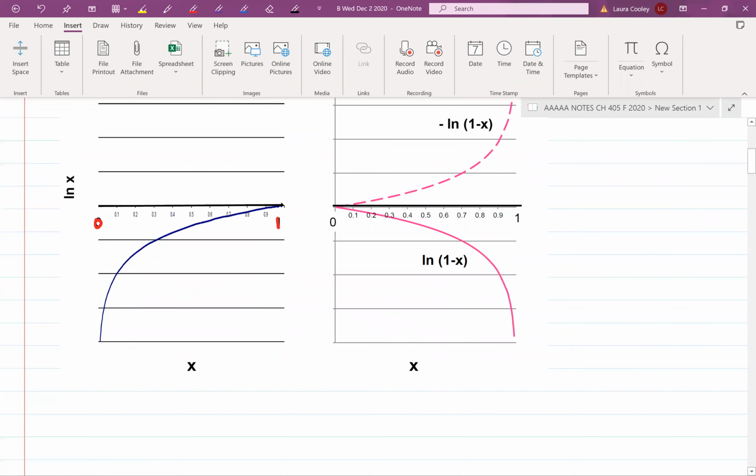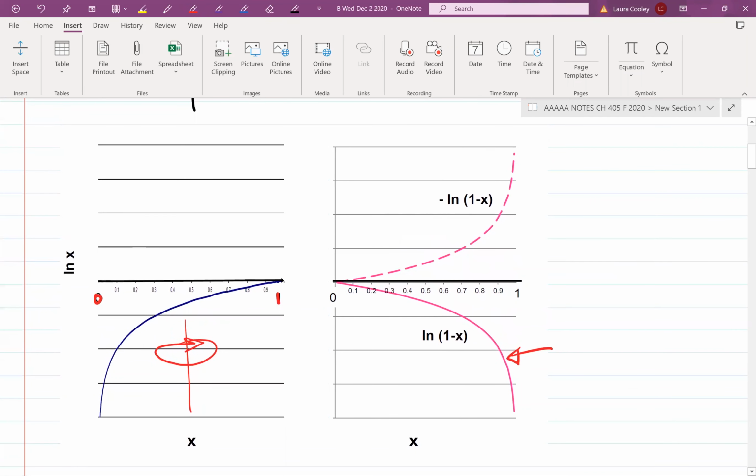So this is just the natural log of X. All right, if that's the natural log of X, then what's the natural log of 1 minus X? Well, if you take this thing and flip it between the 0 and the 1, you get this curve right here. And this actually is the natural log of 1 minus X. So it's kind of like the flipped curve between 0 and 1.